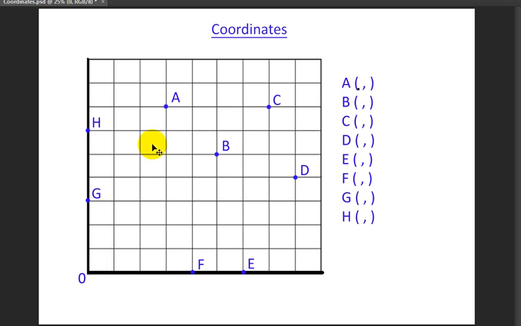For A, you can see that to get to A from 0, I need to go 1, 2, 3, and then 1, 2, 3, 4, 5, 6, 7. Oh, so that's 3, 7. That would be the point we just made. We need to make a little adjustment here. One moment.